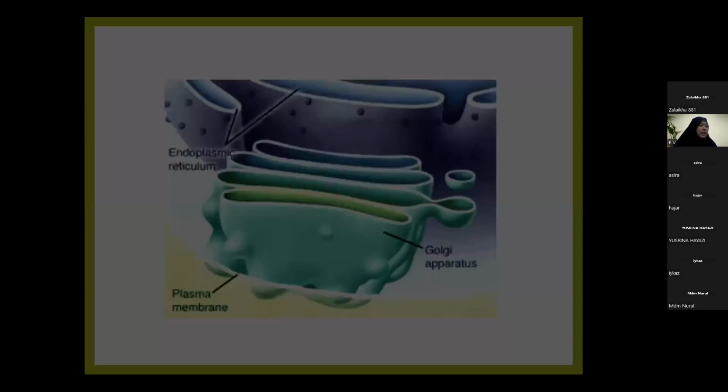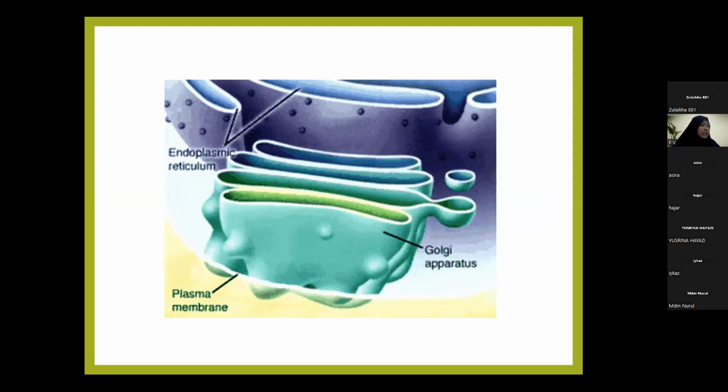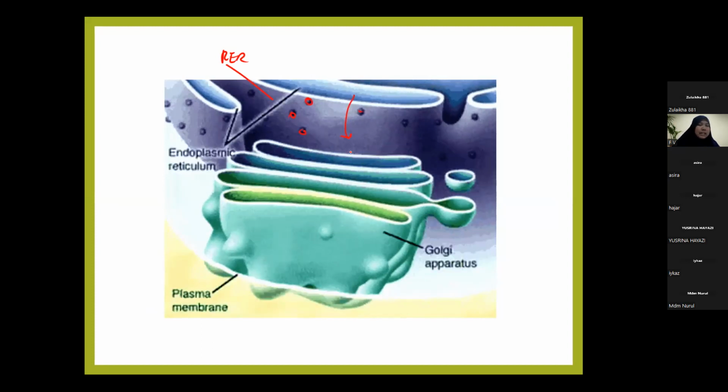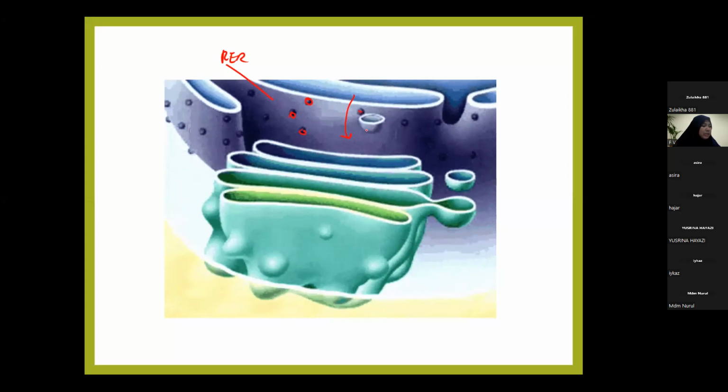Okay, right. And this one is rough ER, because how did you know that is rough ER? Because you can see there are ribosome. So you can see product from ER just now is transported to Golgi, right? Again, let's see again. Okay, you can see product is transported to Golgi apparatus. So this is cis phase, right?